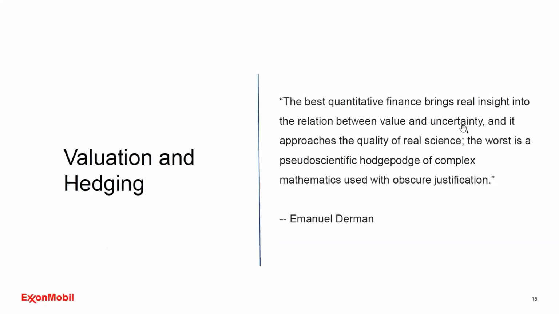Next, I'm going to talk about the second bucket, valuation and hedging. Usually working in energy companies or investment banks, you have a fairly large structuring team. Basically, their responsibility is to originate deals. These deals could be very complex and consist of a lot of optionalities.